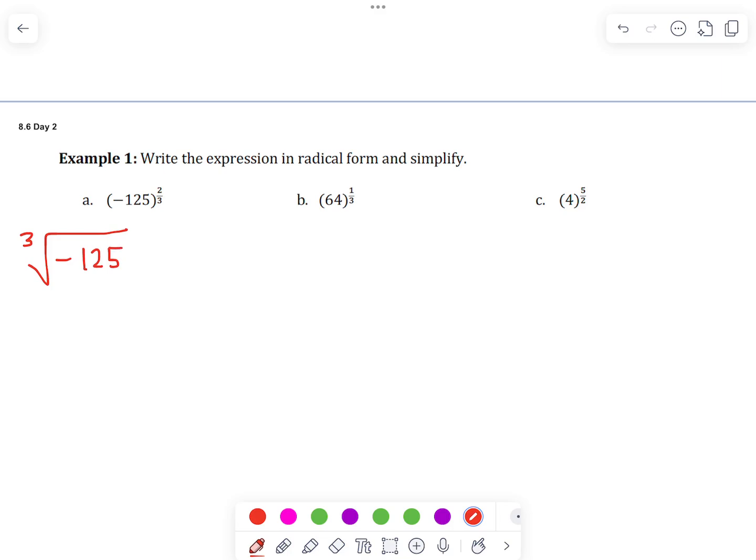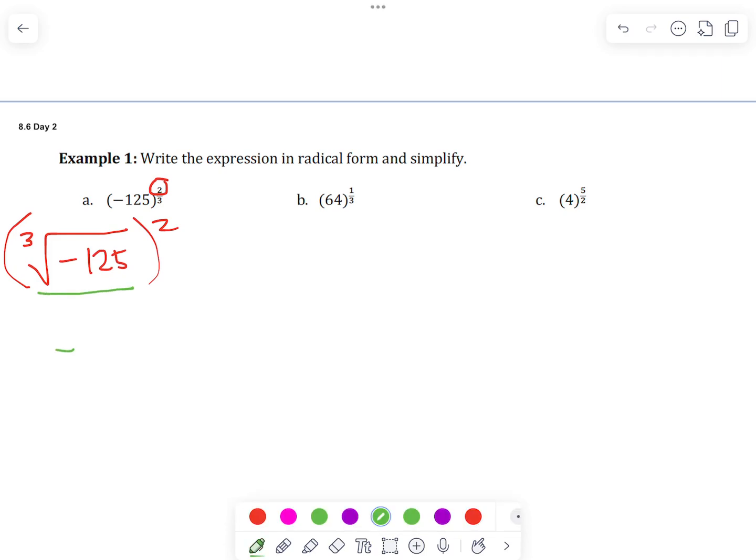And now we can choose to write that power either underneath like this, or we can write the power outside. You can use either one. So I'm going to go ahead and now simplify this.